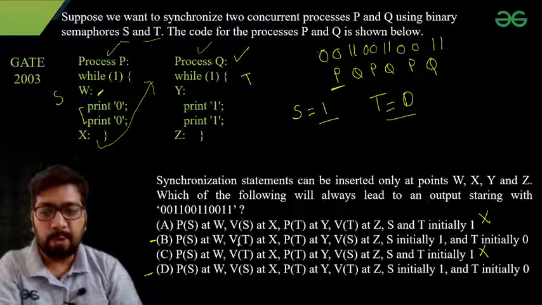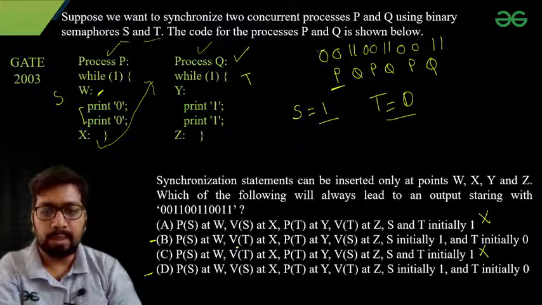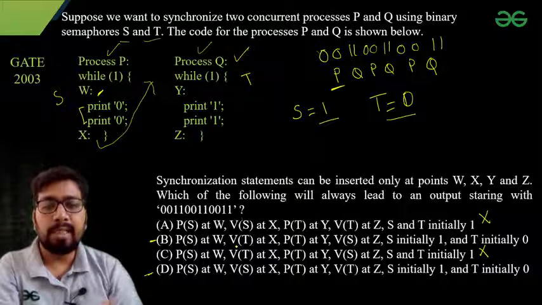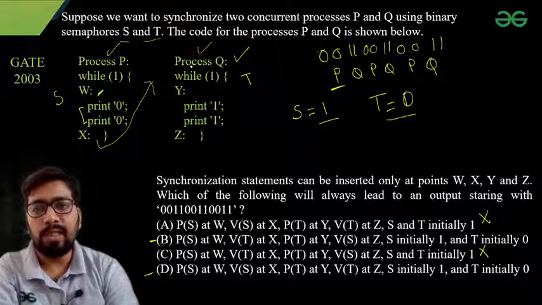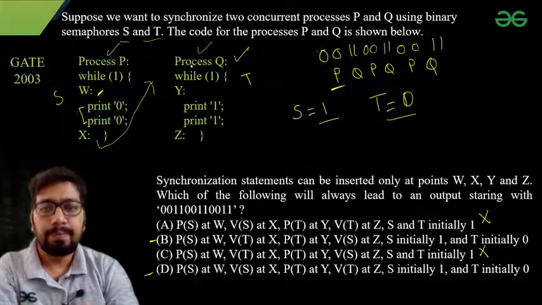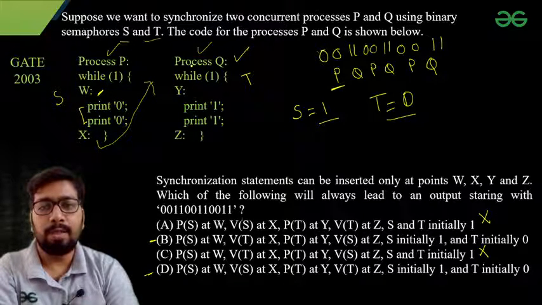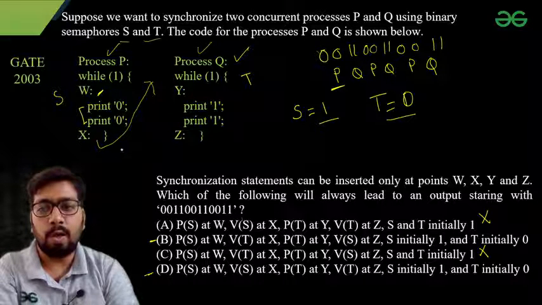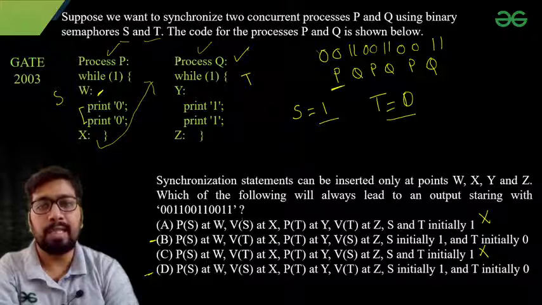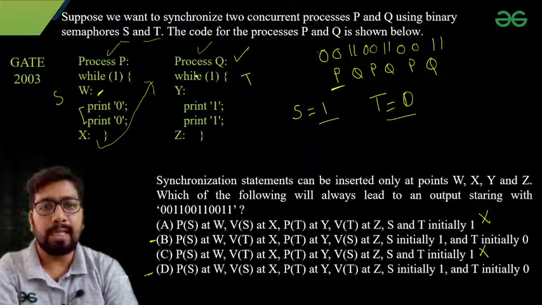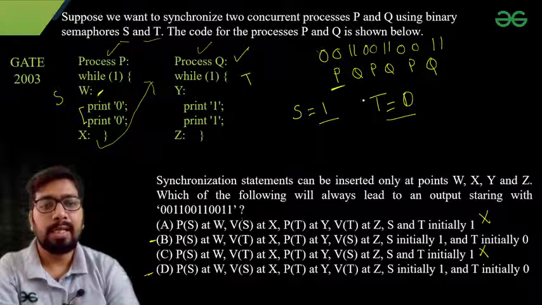One is performing the P of T operation. Option B is performing signal of V of T. And after the signal of V of T, only then Q can perform the wait operation on T. So it should be done by process P first, and only then process Q can decrement the semaphore T.